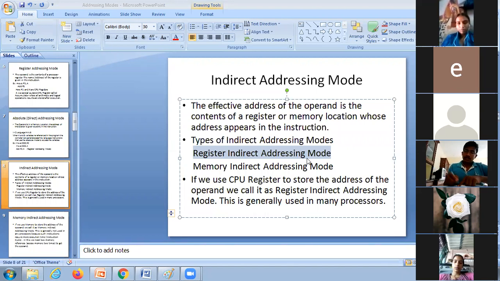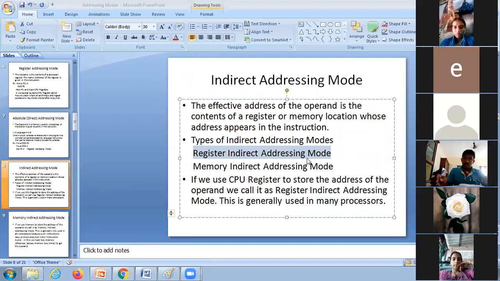Why? Because in the case of memory indirect addressing mode, for accessing the data, we require two memory references, which takes a long time for retrieving the data.